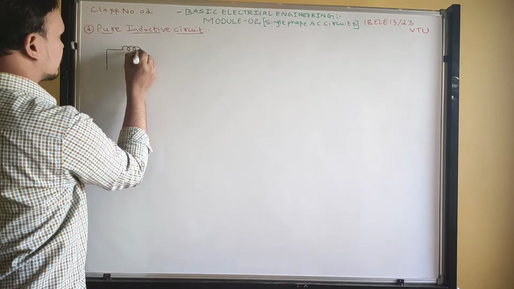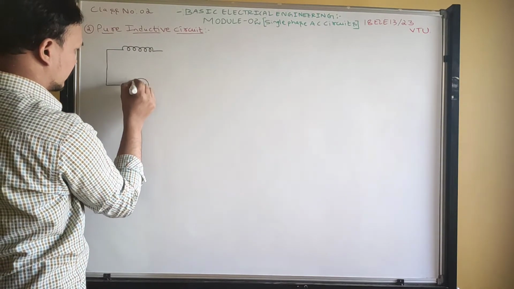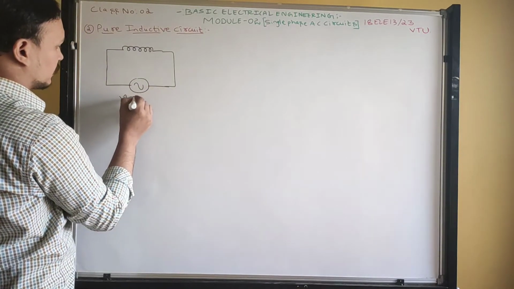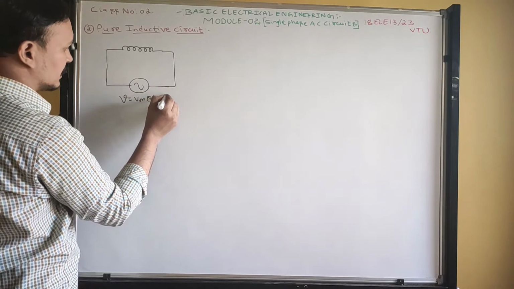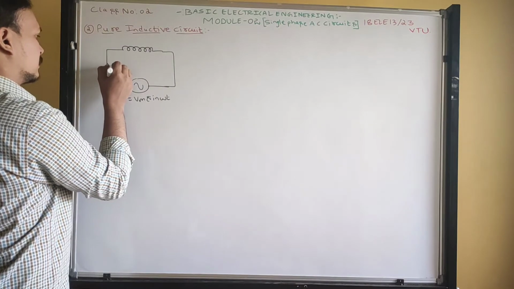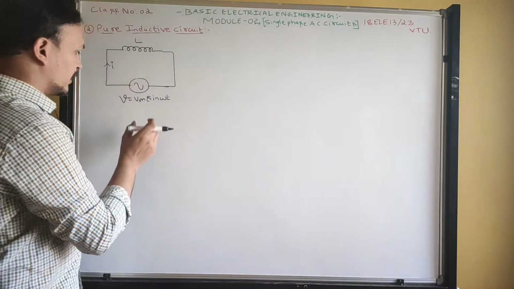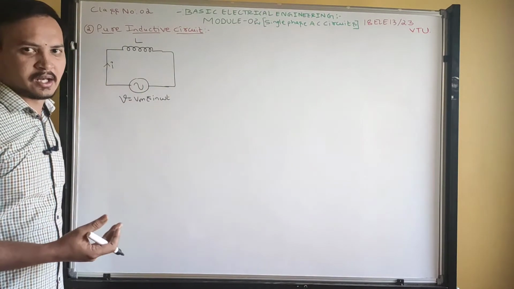So, inductor. The inductor is connected across the supply voltage V equal to Vm sin omega t. So I applied instantaneous voltage V equals Vm sin omega t and current I, inductor value L. By knowing the voltage, this is neither a series nor a parallel circuit.